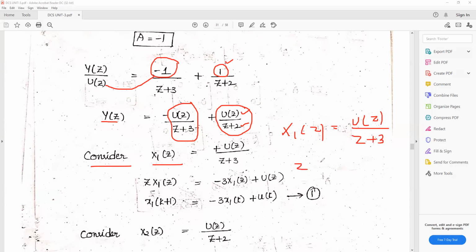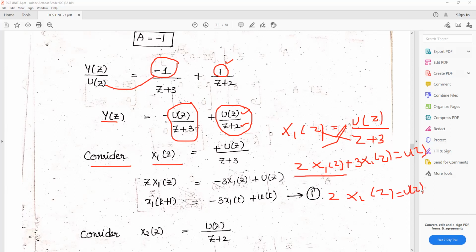So z into X1 of z. Cross multiplication: z into X1 of z plus 3 into X1 of z is equal to U of z. So in the z term only, z into X1 of z, remaining terms are sent to the left side: U of z minus 3 into X1 of z.